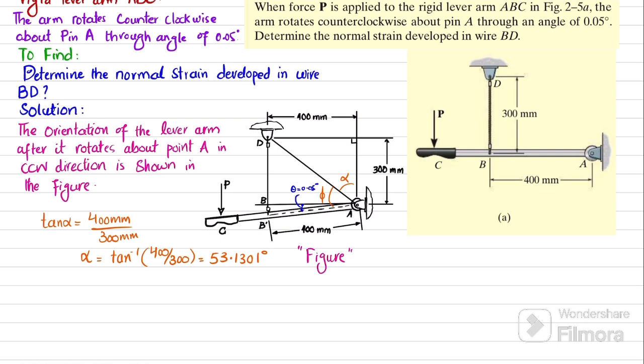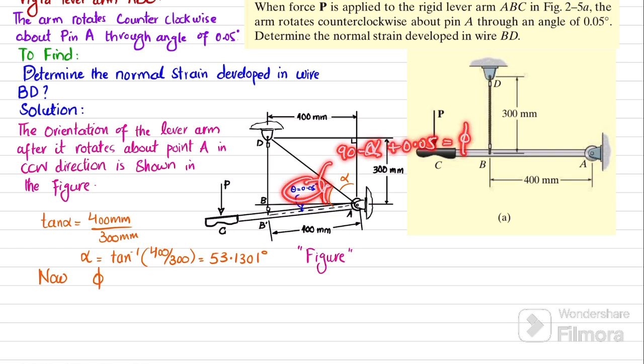Okay. Now we'll find this phi. So I will write that this phi will be equal to, you can see this is the total phi. So this phi will be equal to 90 degree minus this alpha, which will give you this portion. This will be 90 minus alpha, plus 0.05 degree will give you this phi.